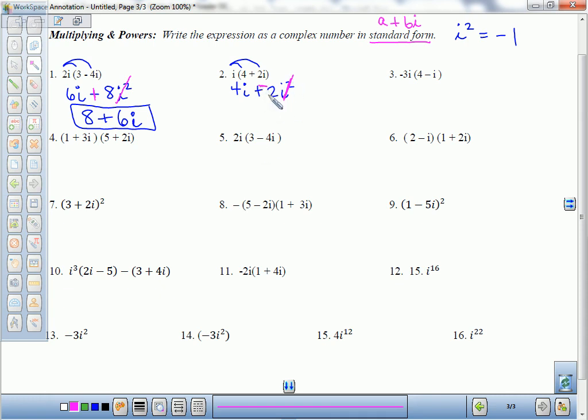So i squared is like multiplying by negative 1, which changes your sign. Now we have this imaginary part and this real part. We got to put it in the right order so that negative 2 is going to come first, and this positive 4i will follow. So the product of this imaginary times this complex is that complex.